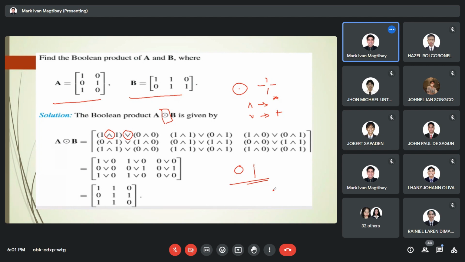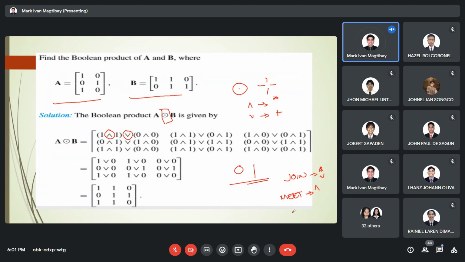So that is your Boolean products po ng ating mga values. Ulitin ko lang, ang join po, join is for disjunction, conjunction pala, sorry. Burahin ko lang ulit. Ayan. Ang meet is conjunction po. Okay? Tatandaan po palagi natin.